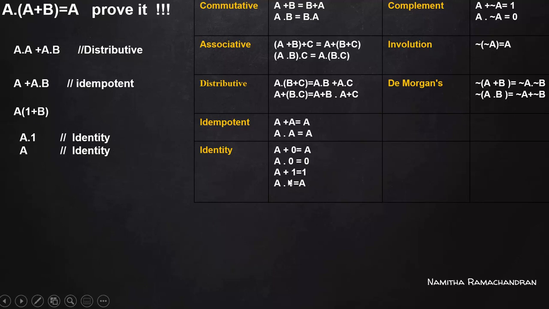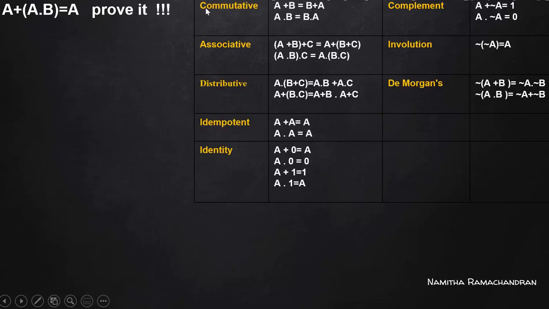Okay, again consider a variable or 1 is 1 itself. So this part becomes 1. That is A and 1. Okay, A and 1 is A itself. Now it is proved. That is A and (A or B) is A, which is proved with the help of these laws. That means our absorption law is actually derived from these laws.